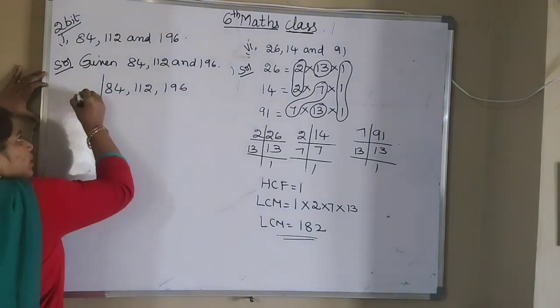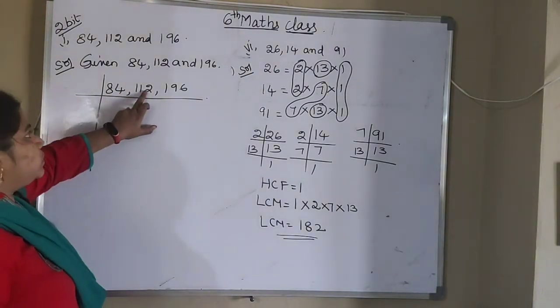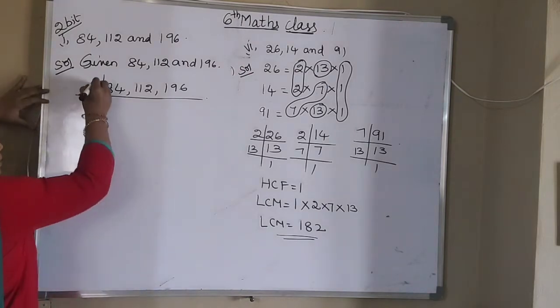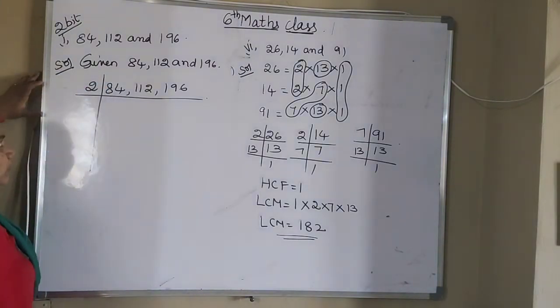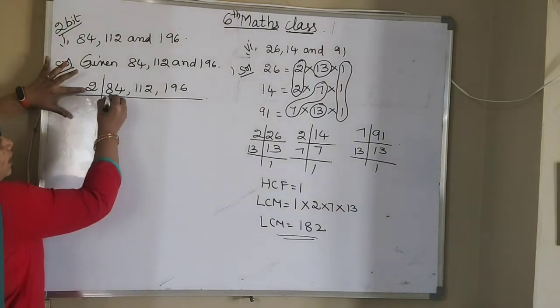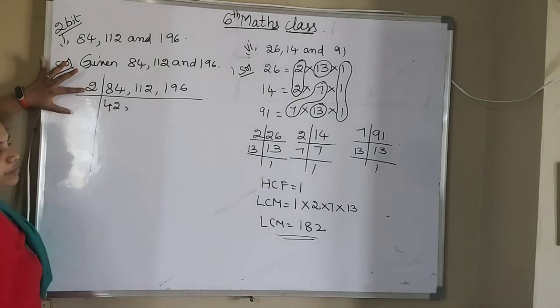Now here 4 is an even number, 2 is an even number, 6 is an even number, so I am taking the 2 table. So 2 how many times will be equal to 84? We have to think. 2 4s are 8, 2 2s are 4. That means 2 42s are 84.